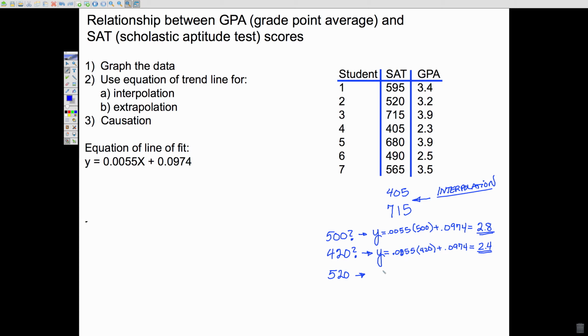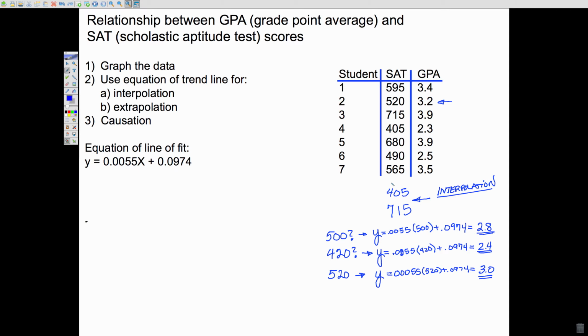If you put 520 into the equation, you will get y equals 0.0055 times 520 plus 0.0974. If you work that out on the calculator and round off your answer, you'll get a GPA of 3.0. Now let's look in the table for 520. The model predicts 3.0, but the actual was 3.2.